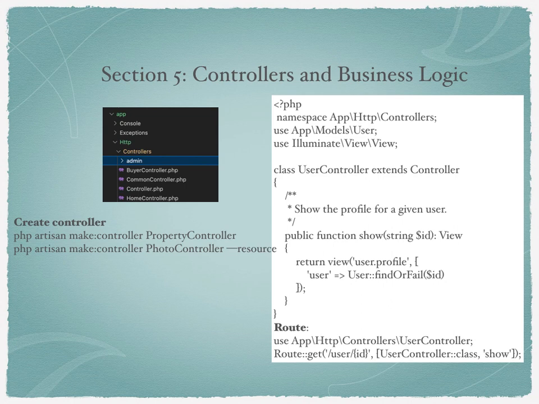If we pass --resource after the controller name, it will create your controller as well as some CRUD operation related methods like create, store, update, delete by default. If you want to create only a simple controller, just use it without the resource flag. And if you want CRUD operations, then we can use the resource.